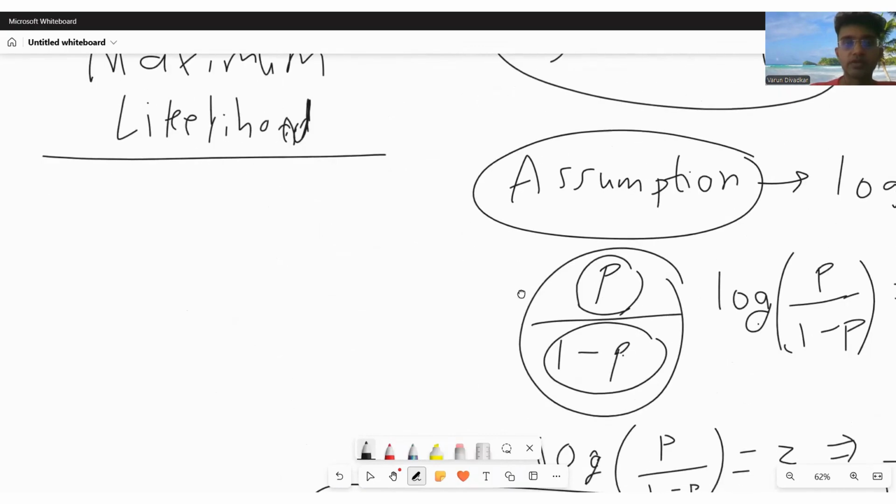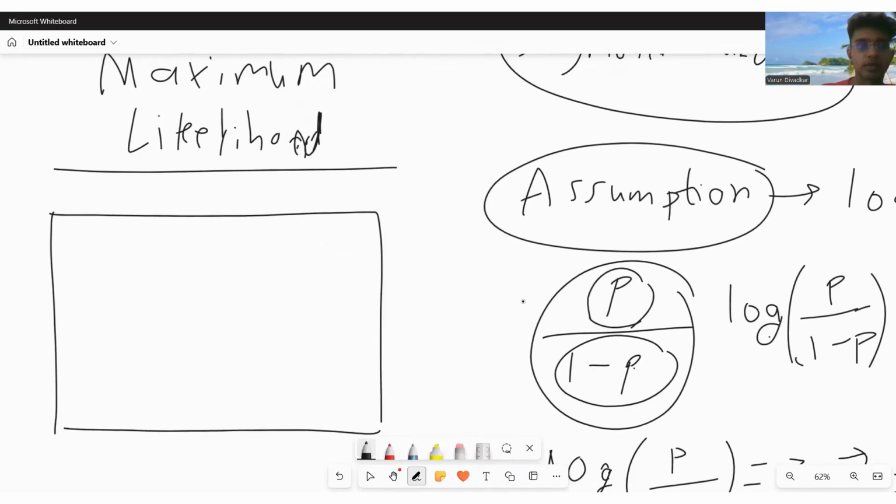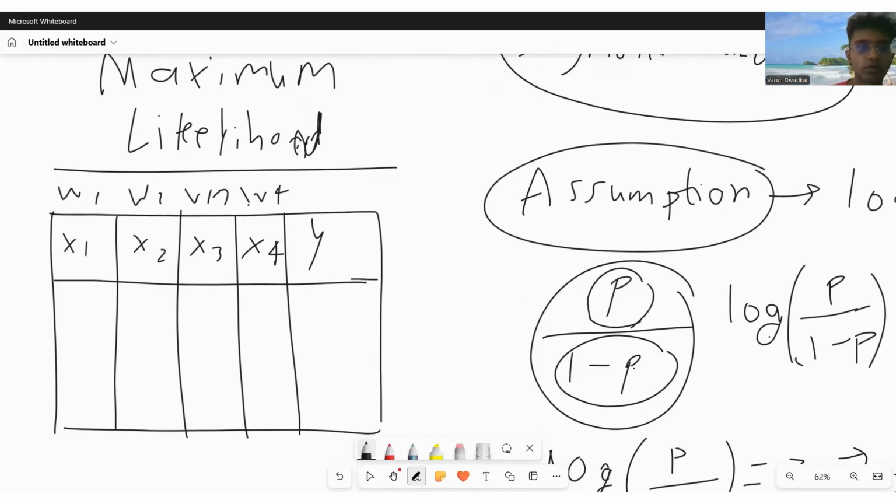Mathematically, what's happening is, if you take a sample data set, let's say you have your x1, x2, x3, x4, and then your y, whereas the coefficients are, say, W1, W2, W3, W4, right?